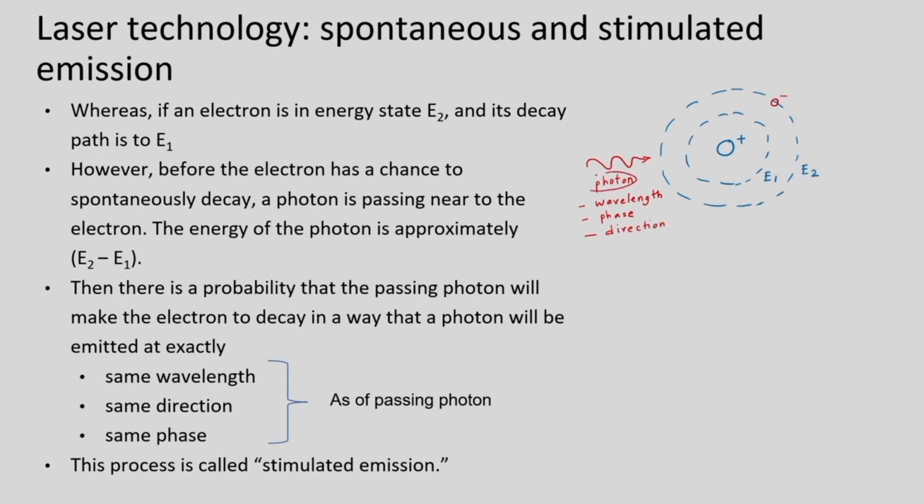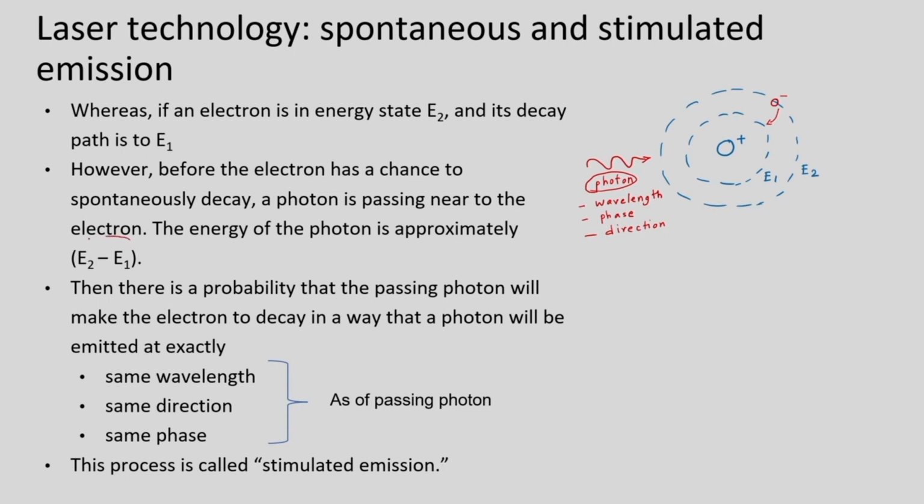When this photon is passing near the atom during the process of decaying from E2 to E1, let us consider that the energy of the photon is exactly E2 minus E1.